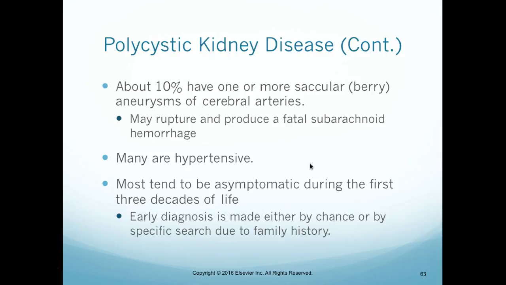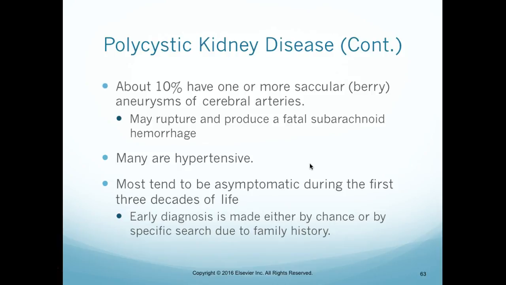About 10% or more have aneurysms of the cerebral arteries. So it's really important if a patient is diagnosed with polycystic kidney disease that we take a look at the arteries of the brain to make sure that they don't have an aneurysm, because that will rupture and be fatal.